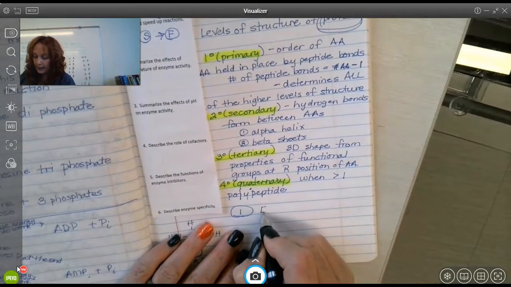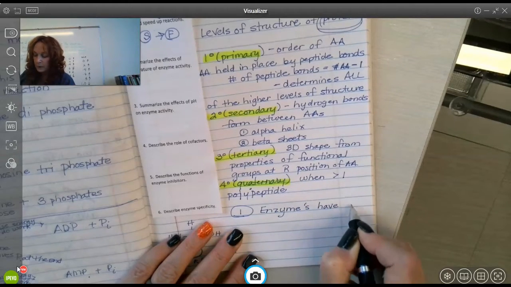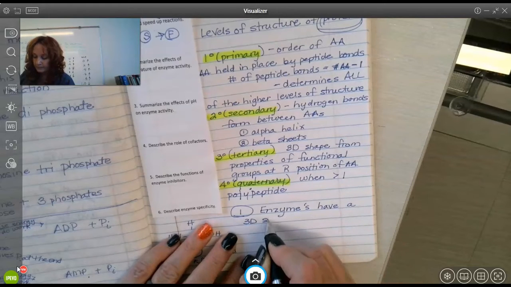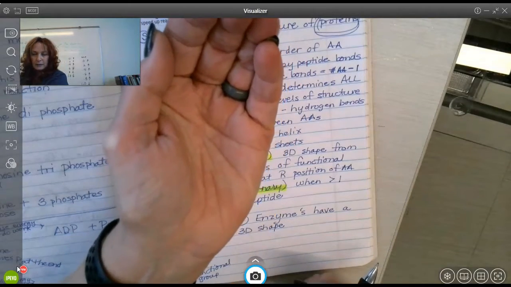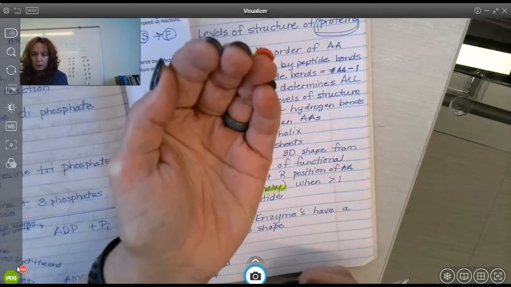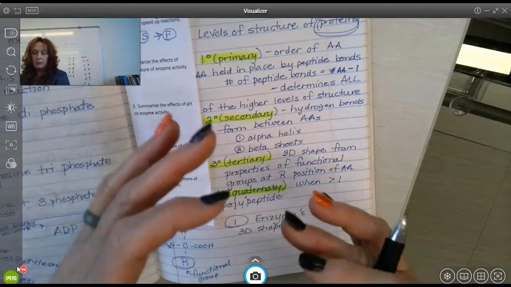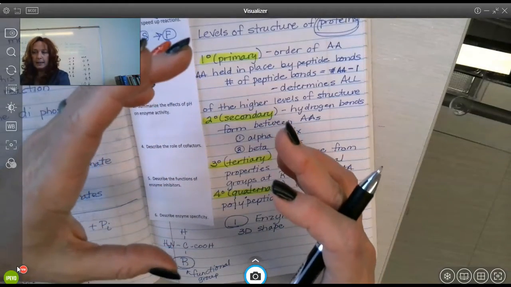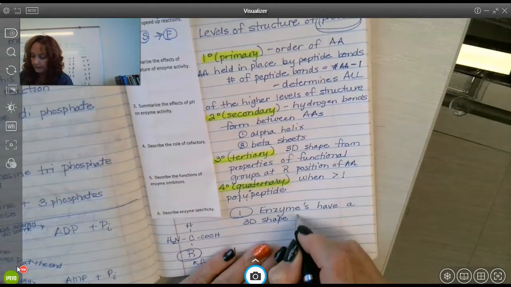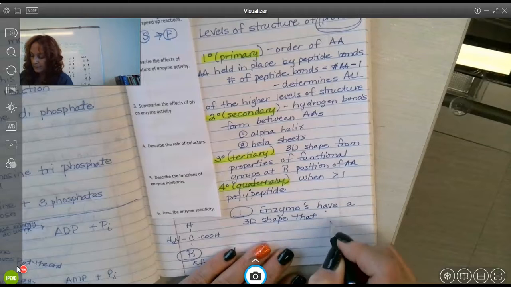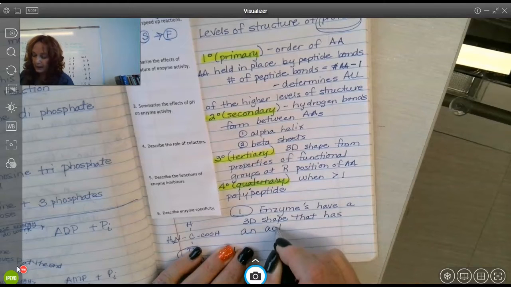Your enzyme, that's a protein, has this 3D shape, and it has a pocket to hold a particular molecule called the substrate. If you think about the enzyme as being the worker, the substrate is what it works on. So enzymes have a 3D shape that has an active site.